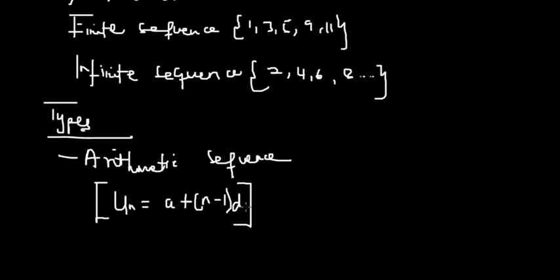Now note that a is the first term. Keep that in mind. a is the first term, d is the common difference. So we have a being the first term, and d being the common difference.